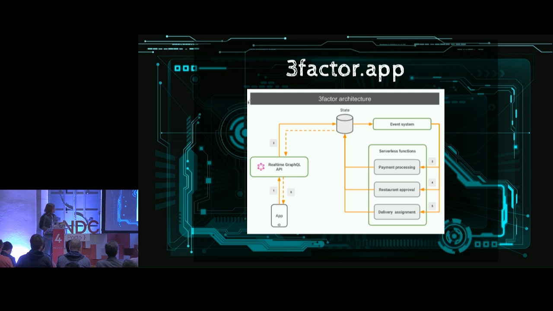Async serverless, and in general the 3-factor app architecture, works in the following way. We have some kind of real-time GraphQL API, and we have our state in the database. Whenever an update to the database happens, we want some kind of event system to trigger a bunch of serverless functions and write back into the database.